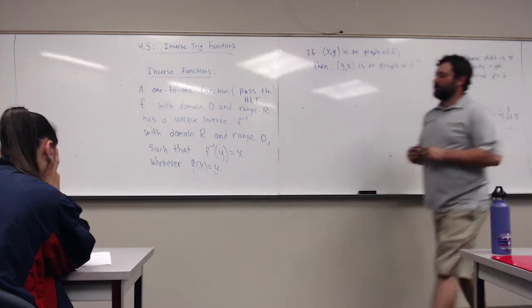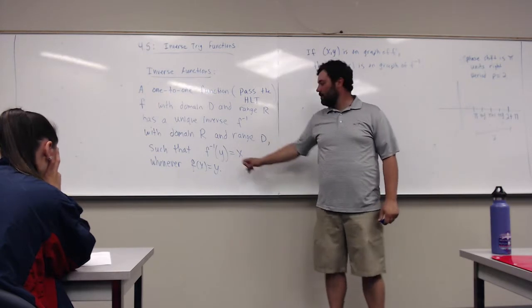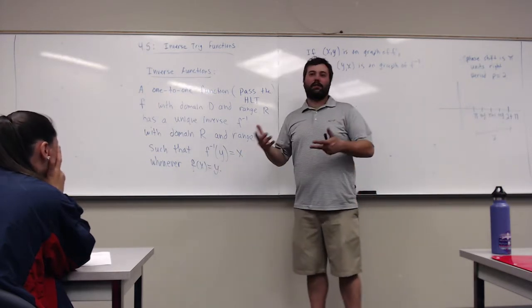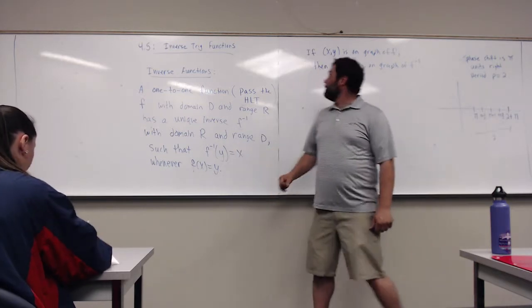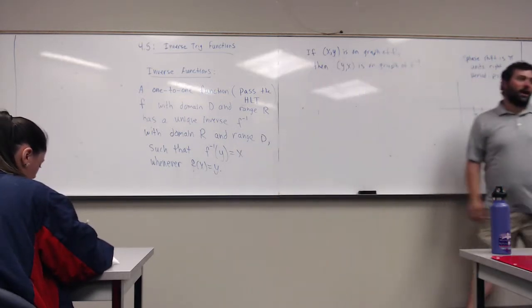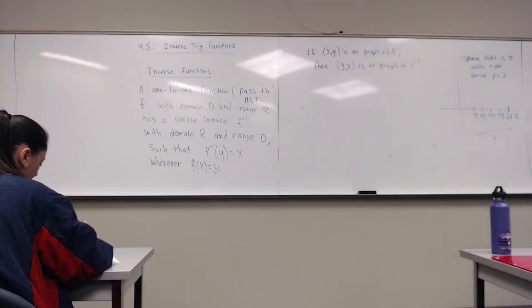Okay. This is the function notation that expresses that. If f of x equals y, x,y is on the graph of f. And then you swap the input and output, that means the point y comma x is on the graph of f inverse.